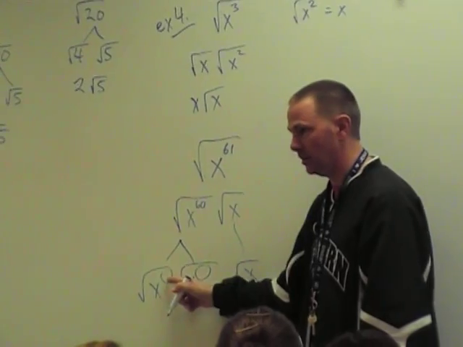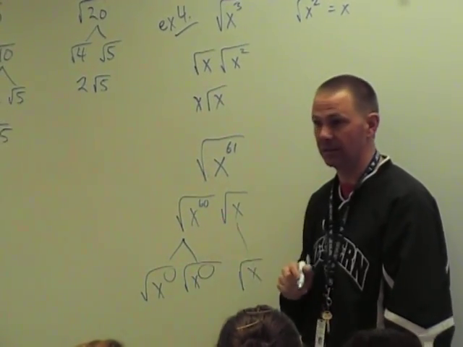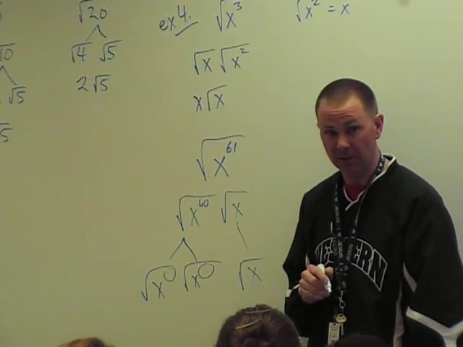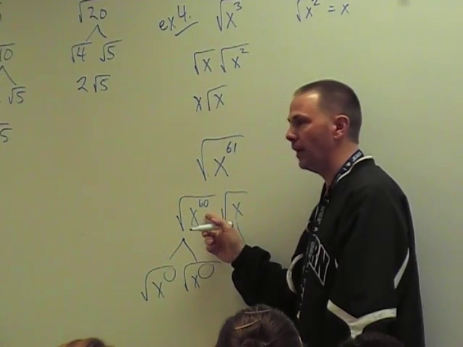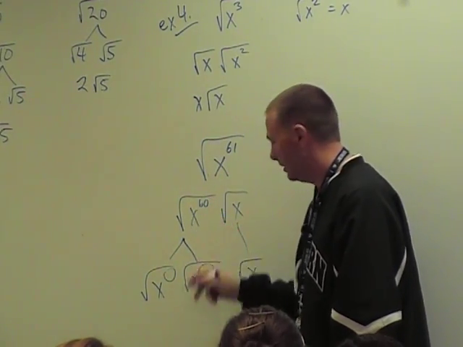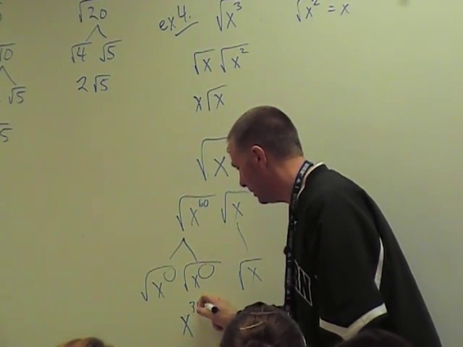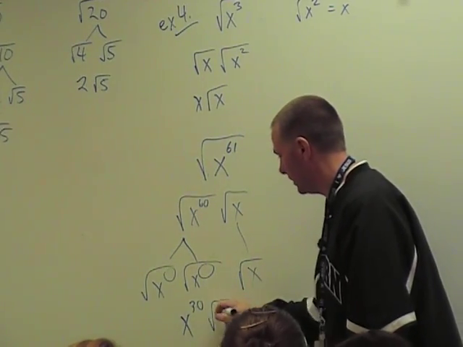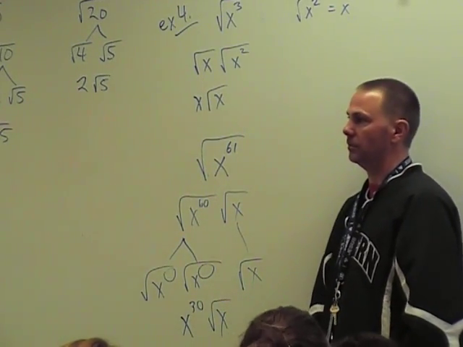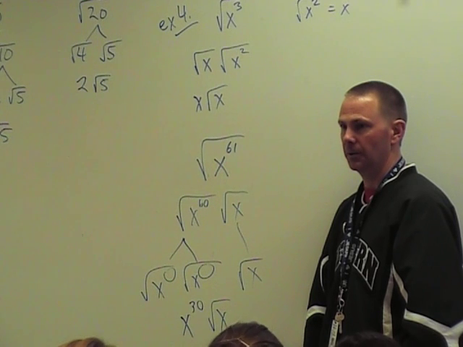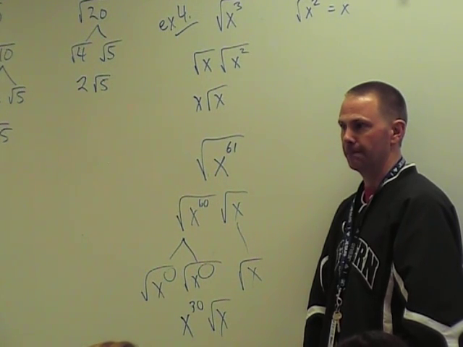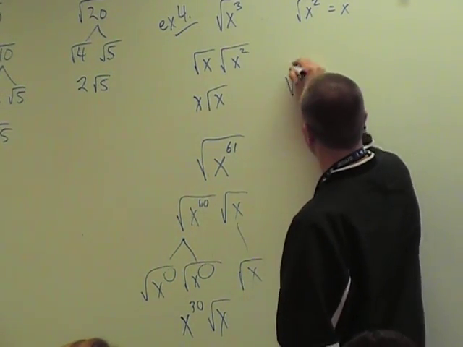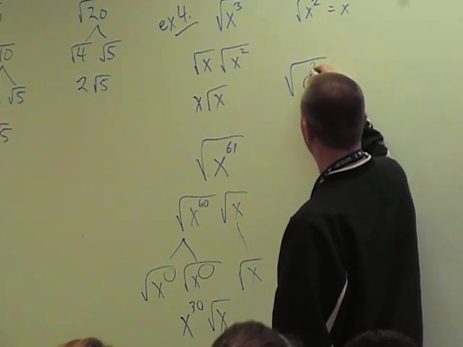Isn't x to the 30th times x to the 30th x to the 60th? Okay, so the square root of x to the 60th is x to the 30th. And I still have a radical x to the first left over. Okay, what's the square root of a to the 29th?